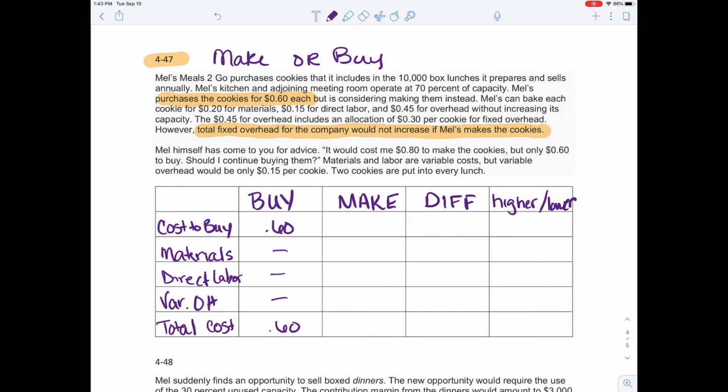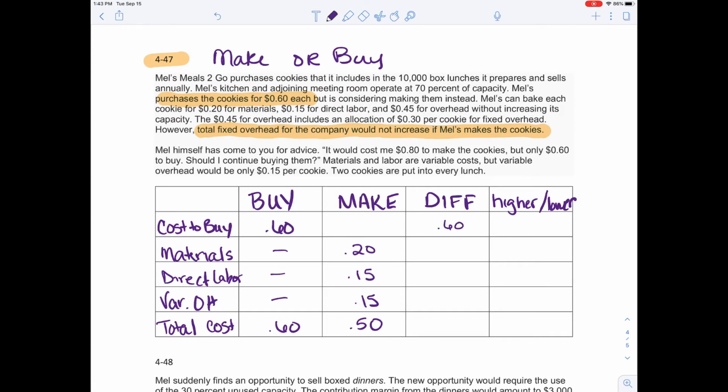For direct materials, it tells us it's 20 cents to make this cookie, 15 cents for labor, and then it goes into the 45 cents, but of that 30 is fixed, so we include 15 cents for that variable overhead. So the total cost to make this cookie is 50 cents.